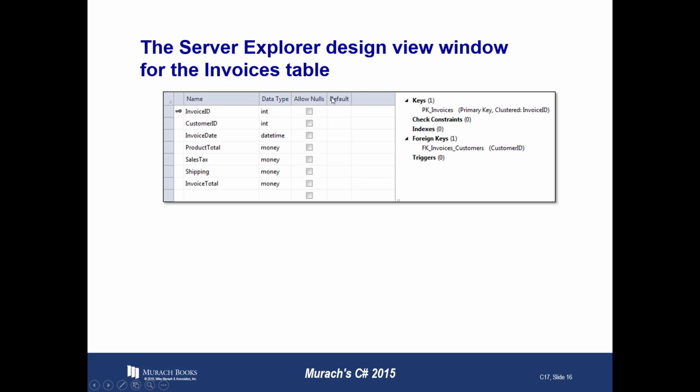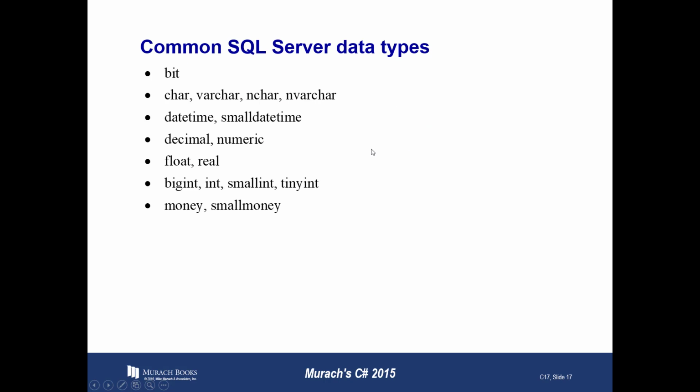We have no defaults. We have a primary key for our invoice ID, and we will have a foreign key, which I'm not going to get into right now. So these are some of the common types of data. A bit, which would be a 0 or 1, on or off. A char, which typically, if I've got a field called state and I'm going to use the state abbreviation, I make it a char 2.